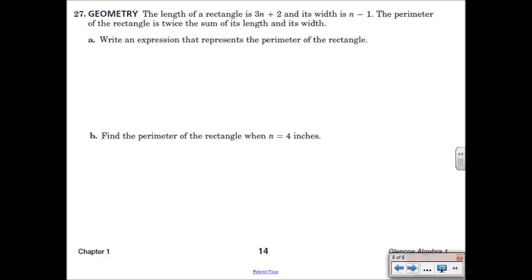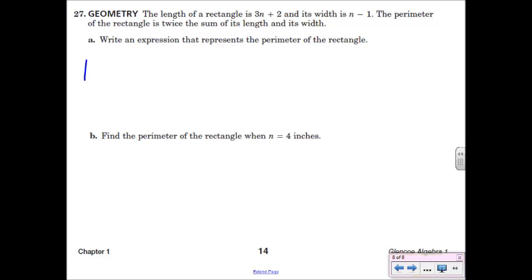All right, and the last problem of the worksheet: the length of a rectangle is 3n plus 2, and its width is n minus 1. The perimeter of the rectangle is twice the sum of its length and its width. So let me draw you a quick picture.